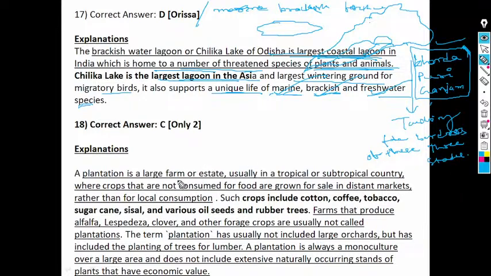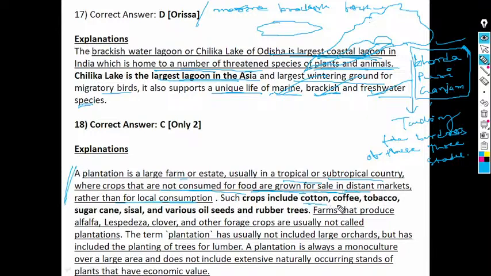Next, look: a plantation is a large farm, usually in a tropical and subtropical country, where the crops are not consumed as food but are grown for sale in distant markets rather than for local consumption.